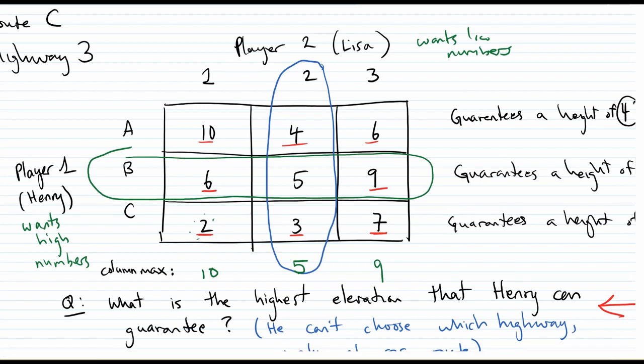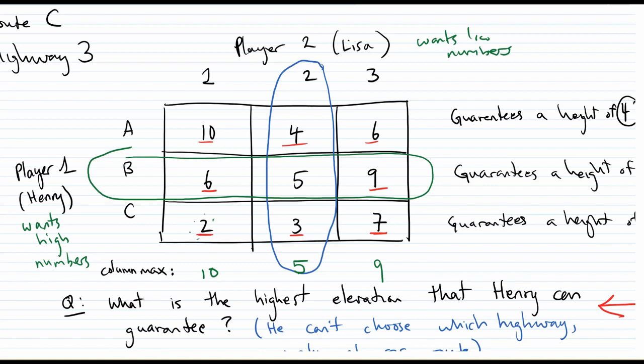But Henry knows that he can get at least 5 with a possible chance at 6 or 9 by choosing row B. And likewise, Lisa knows that she can get at most a score of 5 with chances at having it built at 4,000 and 3,000 feet instead by choosing column 2.